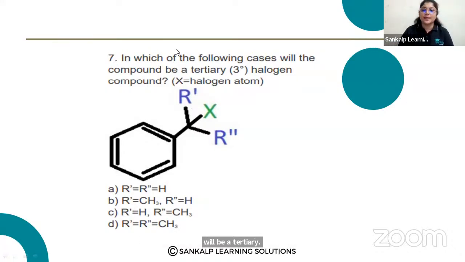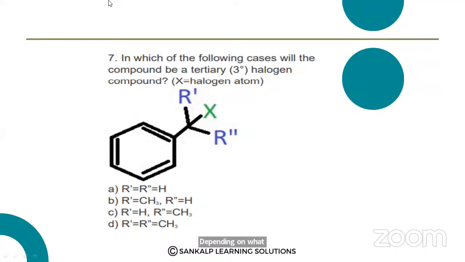Sita has answered B. When do you say it is a tertiary carbon?